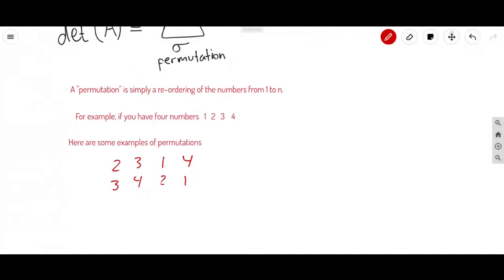So sigma is a permutation. Sigma represents this entire, that's one possible permutation. So let's suppose you're using 2, 3, 1, 4, and sigma represents this entire permutation in that particular order, then sigma of 1 just means it's the first number in the list.